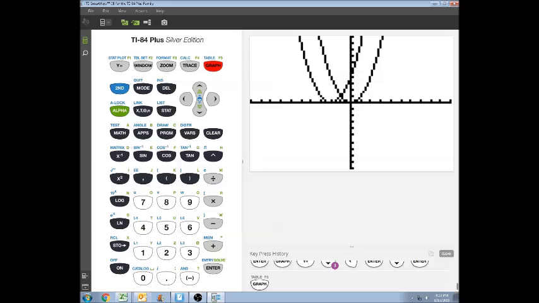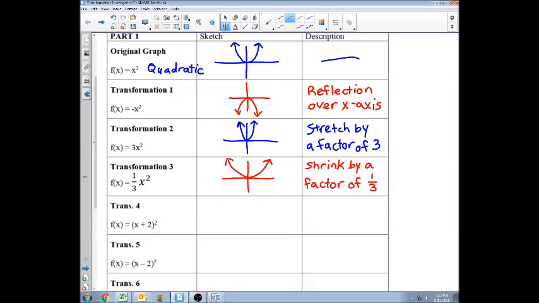My first equation starts right here, my first quadratic. After I have the x plus 2 in the parentheses, it actually moves to the left 2 places. Okay? So that is actually going to be what we call, well, you know what? Let's go ahead and sketch that onto our paper.